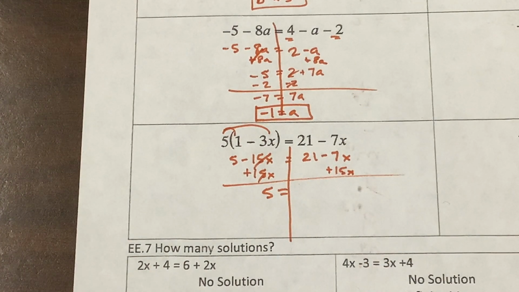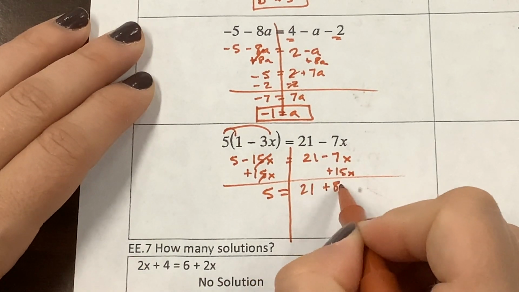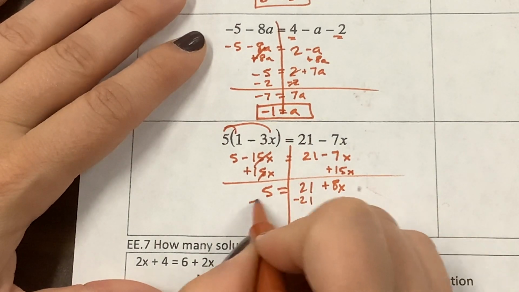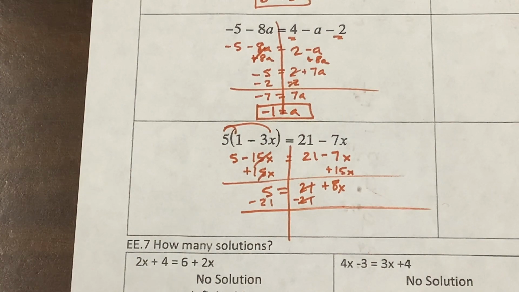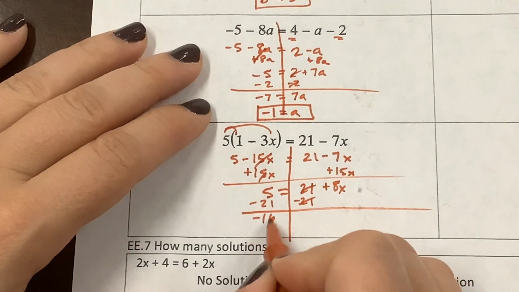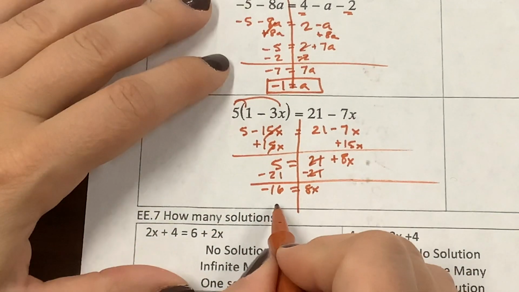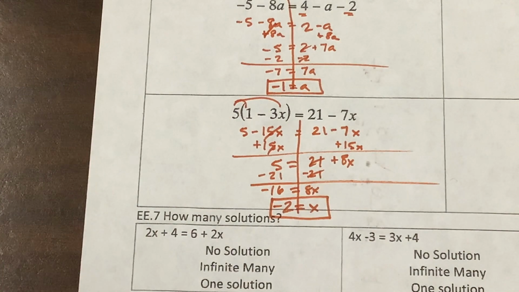And negative 7 plus 15 is 8. Don't forget your variable. We're going to subtract 21 because we've got to move our constant. 5 minus 21 is negative 16 equals 8x. When we divide by 8 on both sides, we get negative 2. If you have a positive 2, it's incorrect.